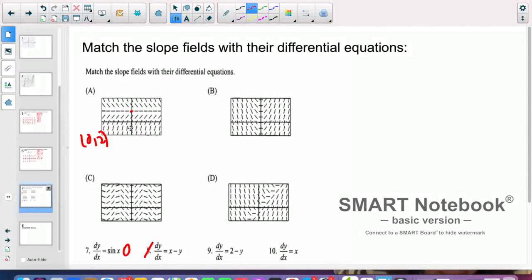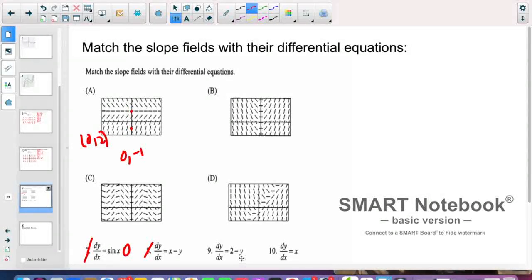So let's just do this point here, 0, negative 1, and see what happens. Well, if I plug 0 in for x, I get a slope of 0, right? Not a very steep positive slope. So I can eliminate 7.